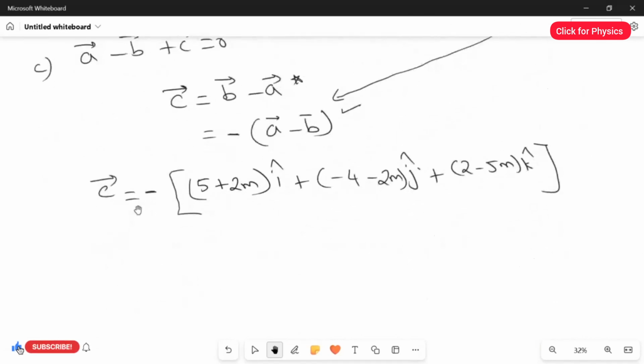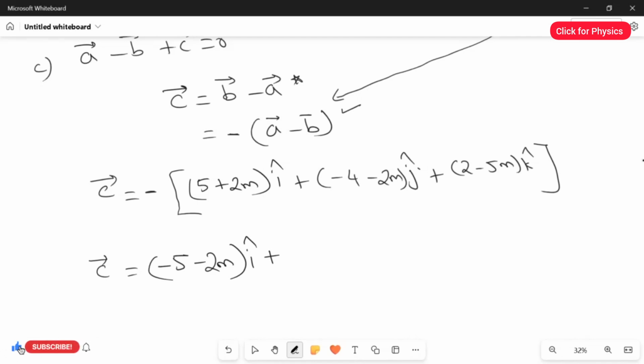Now I'm going to multiply this minus inside this bracket. When you multiply this minus inside this small bracket, you will get the answer for the C vector. So minus into plus is minus 5, and minus into plus minus 2m gives minus 2m i cap, right? And then I write this sign as it is because we have to multiply only inside the bracket.